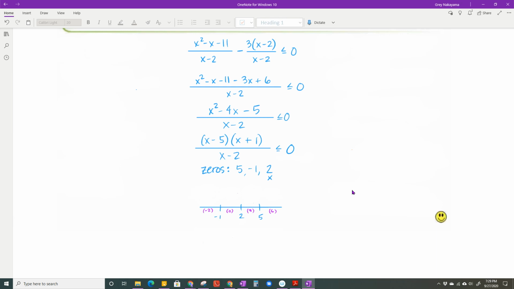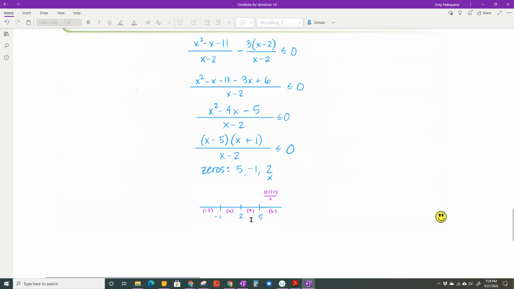If you start all the way to the right, it's always going to be all positive terms, y'all, because when you put in 6, 6 minus 5 is positive, 6 plus 1 is positive, and 6 minus 2 is positive. So that one will always be positive, unless, of course, I have a negative sign out front. There's always an exception.